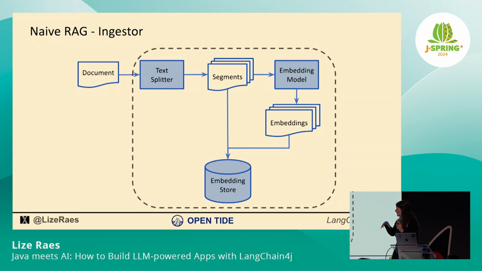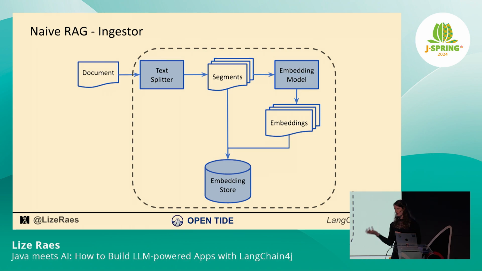This is where RAG comes into play. In the first phase, we put all our documents through splitters that split them into segments. Then we run the embedding model on every segment, so we obtain a vector that encodes the meaning of every part of text.